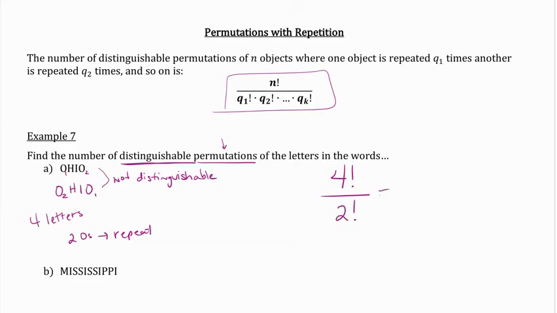Again, you can put that in your calculator. If I think of 4, 3, 2, 1 over 2 times 1, the 2's and the 1's cancel, and we end up with 12 different ways that we can reorder that word to be distinguishable. Not really words, but rearrangements of the letters.